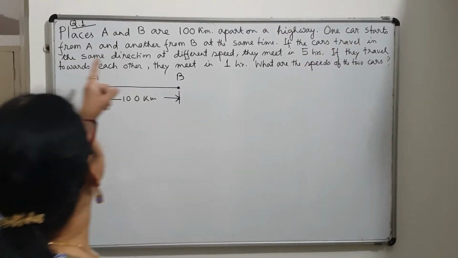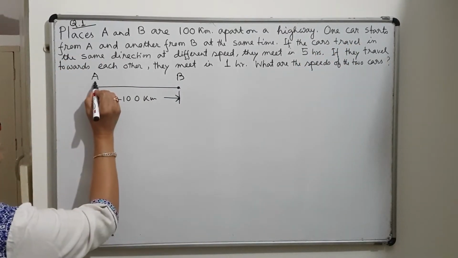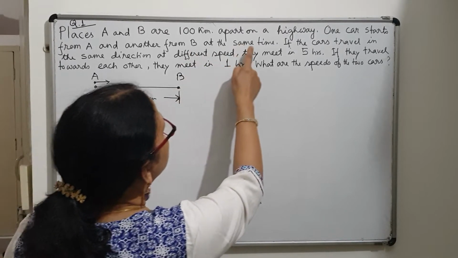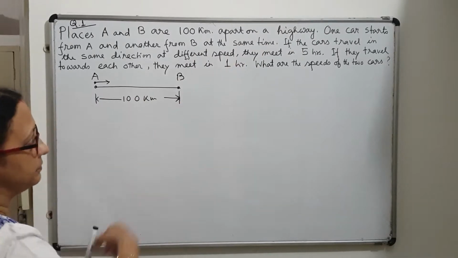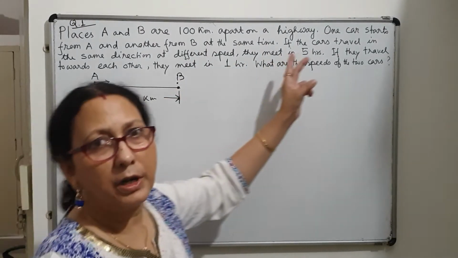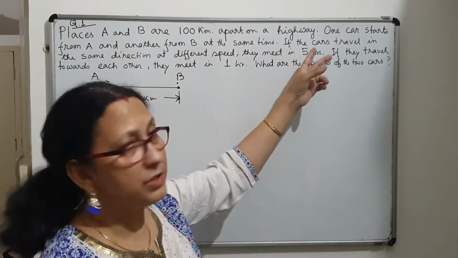Now what does it say? One car starts from A, suppose in this direction, and another car starts from B at the same time from here. Now there are two situations given.